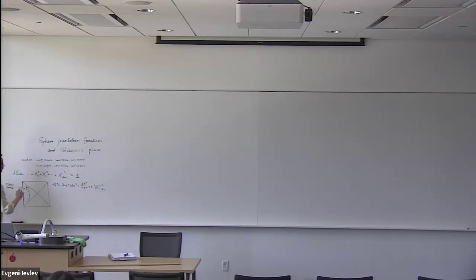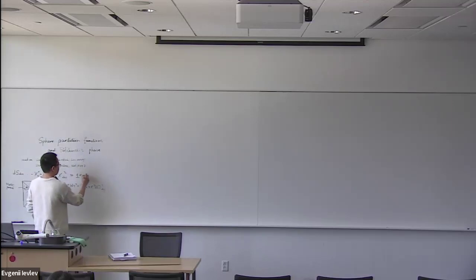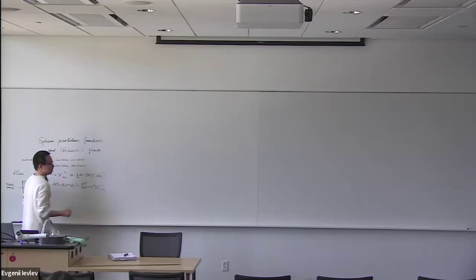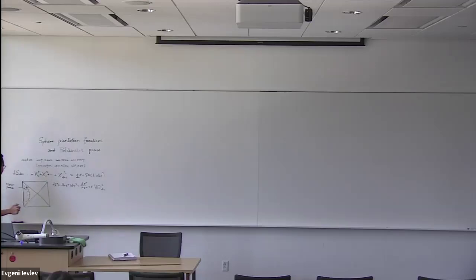This t corresponds to an SO(1,1) generator, because the isometry group of this spacetime is SO(1, D+1). So there's no real time translation. This is a boost, and it acts this way here.